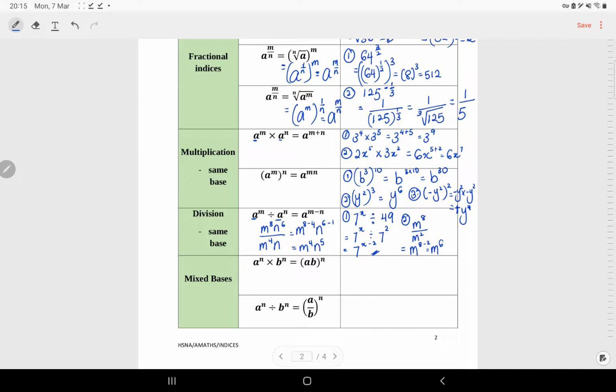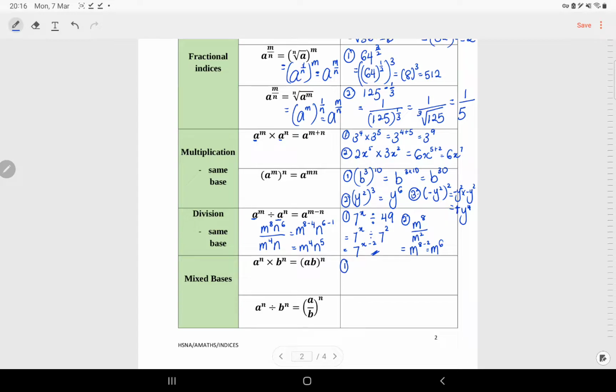The last one here is basically mixed bases. That means that when your bases are not the same number, a to the power n times b to the power n can be written as a times b, the whole thing to the power n. And you should be able to do this vice versa when it comes to questions.